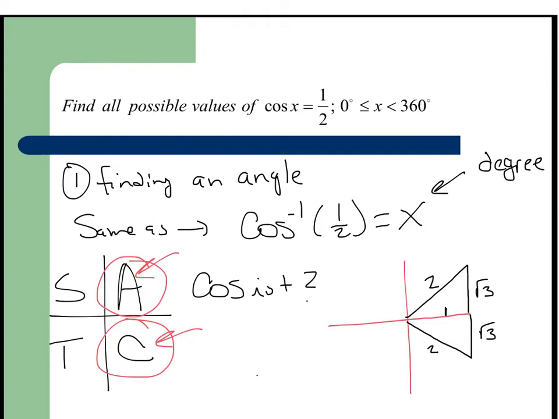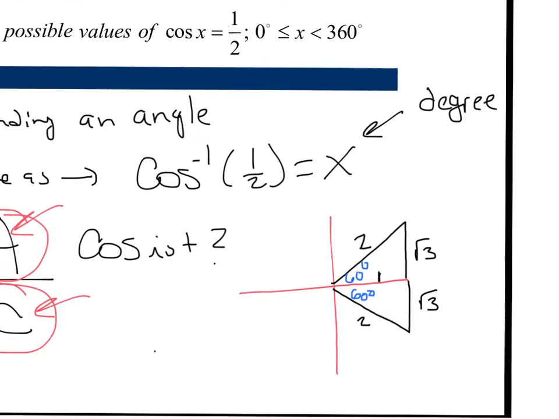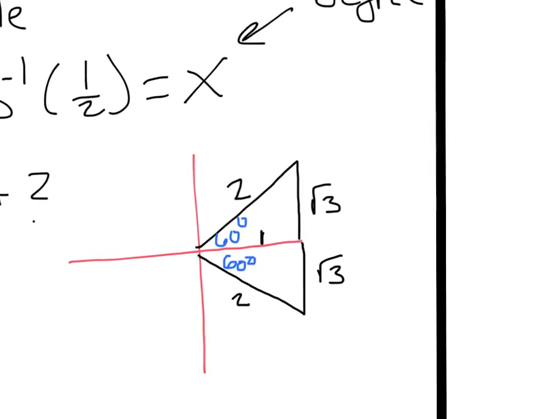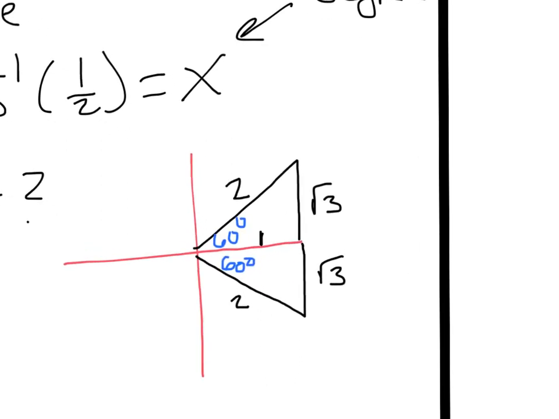So what angle is always across from root 3? 60 degrees. So this reference angle is also 60 degrees. Now I'm going to zoom in on this picture real quick and change the color of my pen.